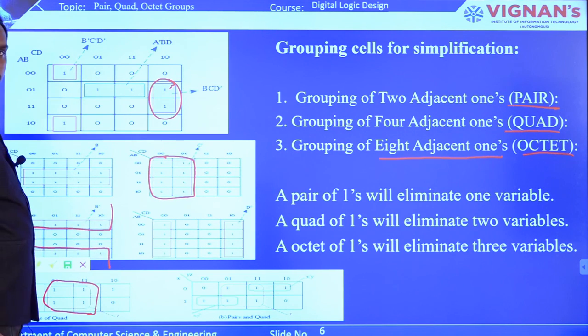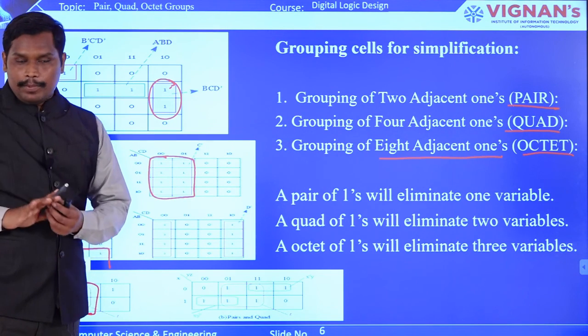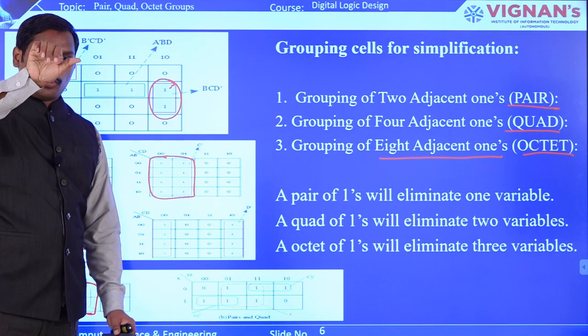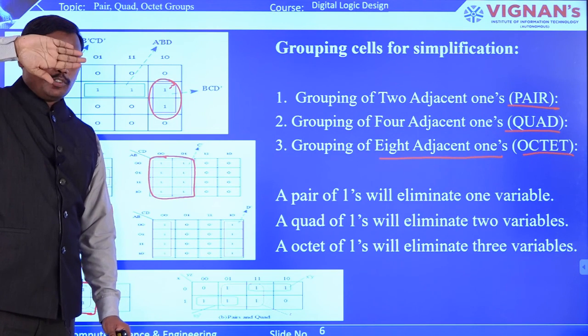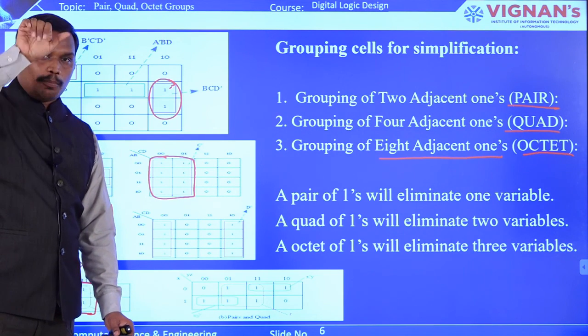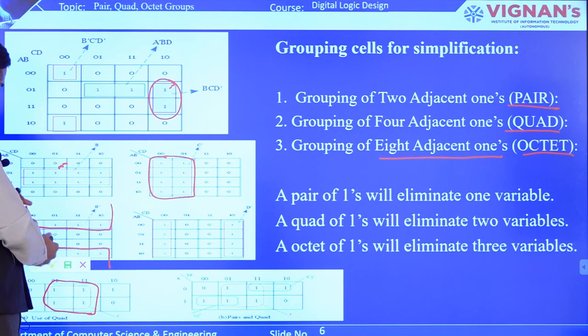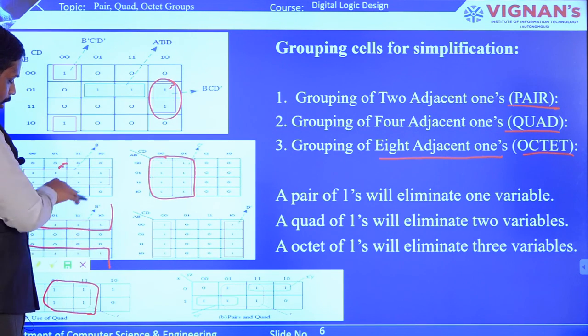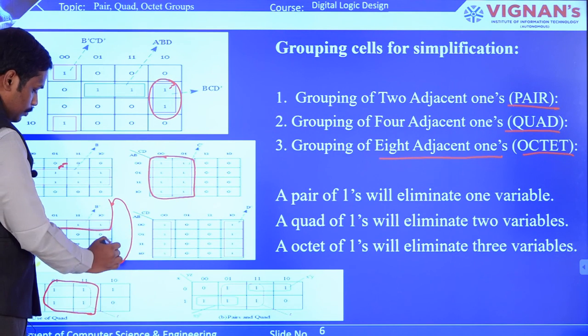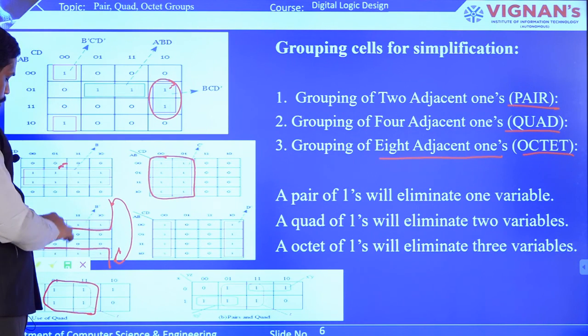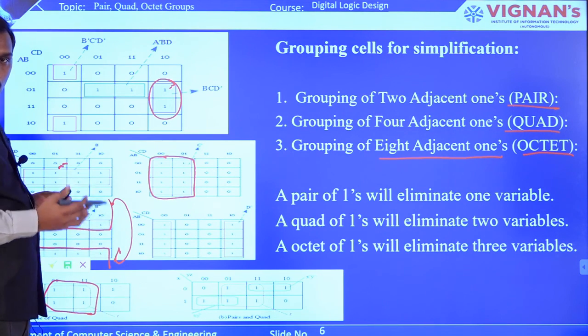It can be 8, right? Because when you see a Karnaugh map, you can roll over like this, as well as roll from left to right or top to bottom. So when you are rolling it, this particular face is connected over this part. Whenever it is connected over this part, this can be framed as an octet.